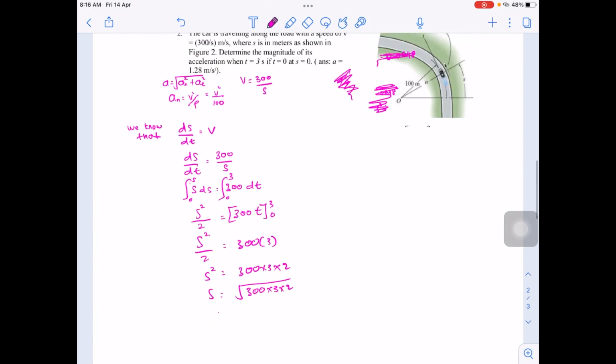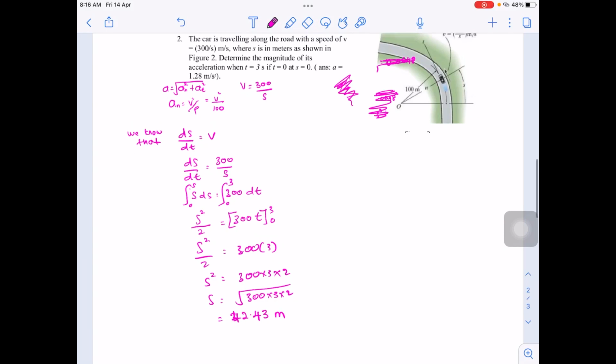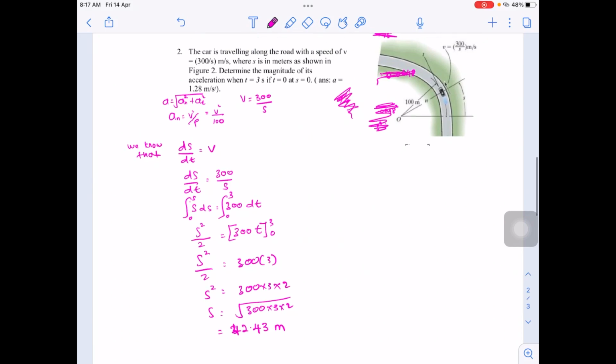So yang ini you akan dapat 42.43 meter. So when t is equal to 3 seconds, S is equal to 42.43 meter.